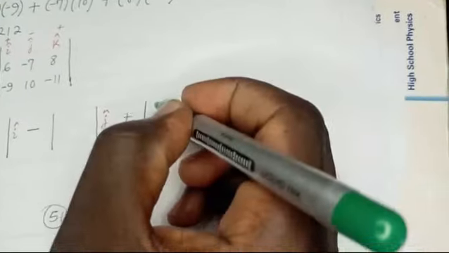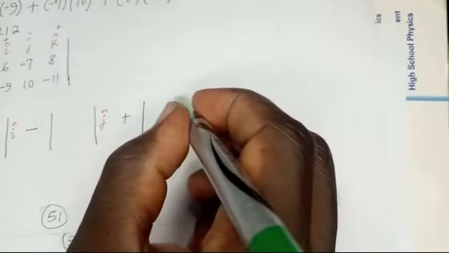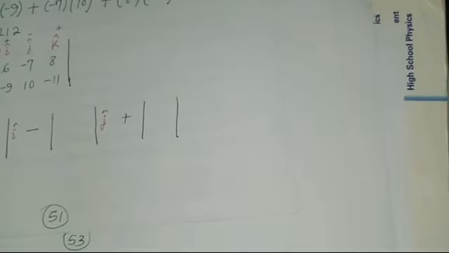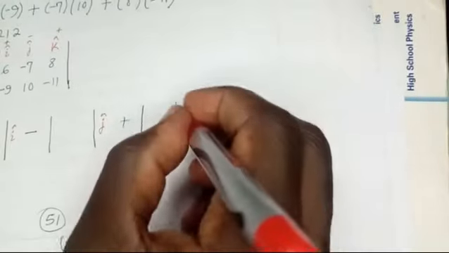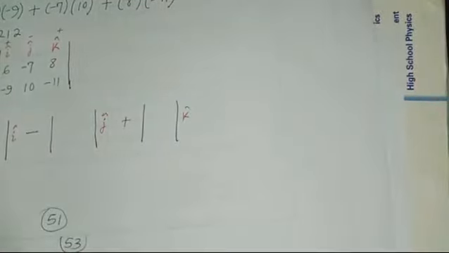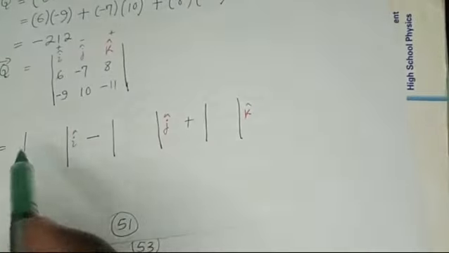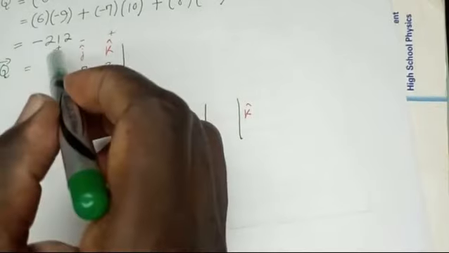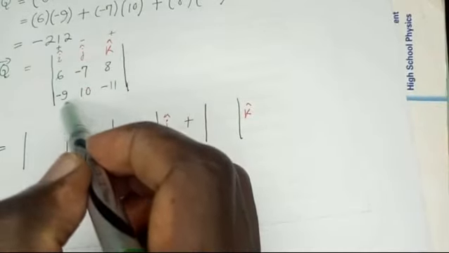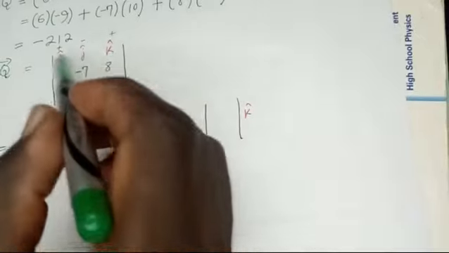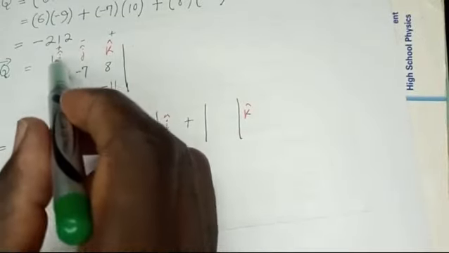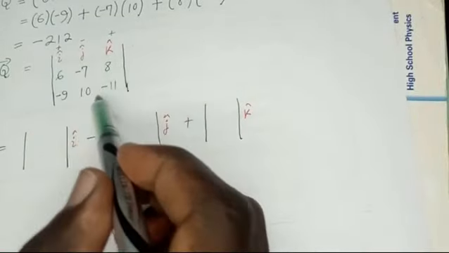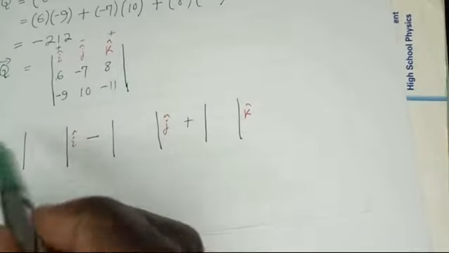Open bracket, close bracket. Then this is for K cap. Now what do I write in the first bracket? This one has I cap here, so I ignore the column that has I and the row that has I. If I ignore this column and this row, I will have these 4 numbers here. I will carry them and write them here.